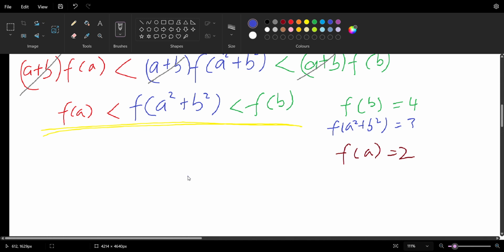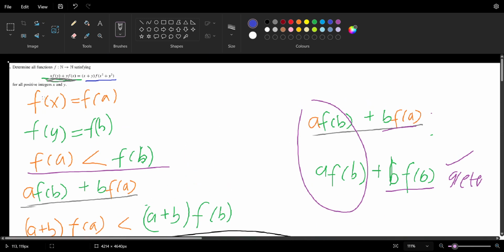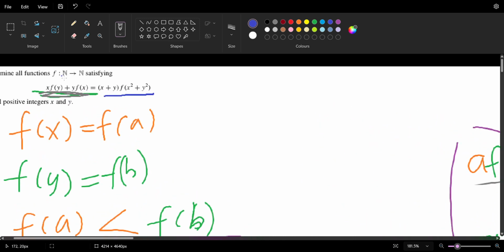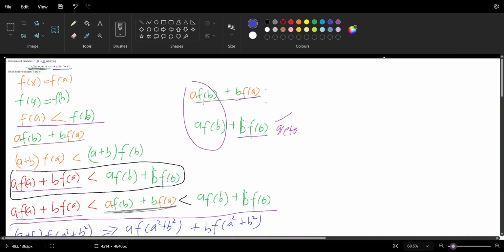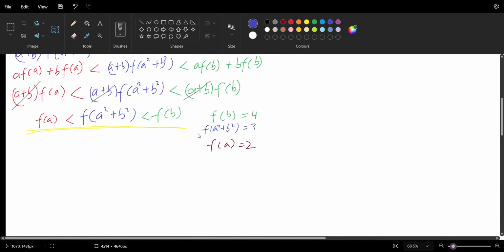But remember, our input is positive integers, natural numbers, and our output is also natural numbers. Input natural, output natural. That means we cannot have decimal at any point.